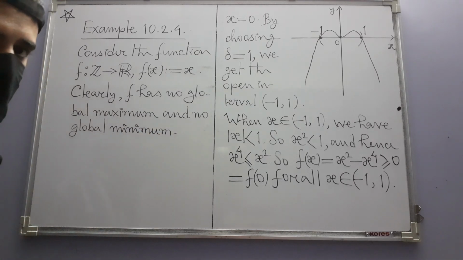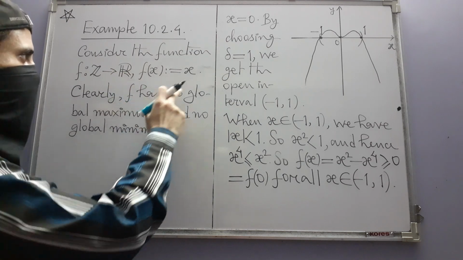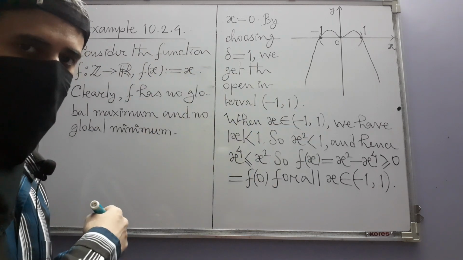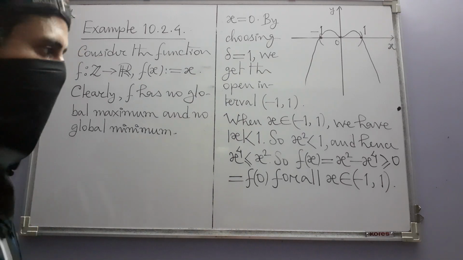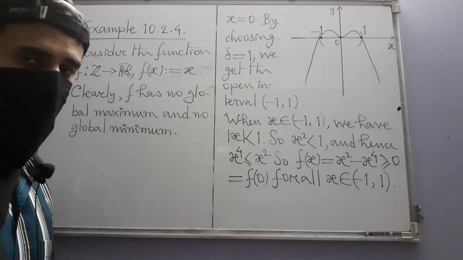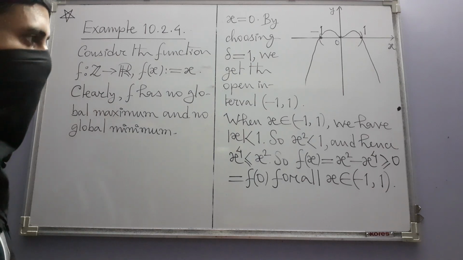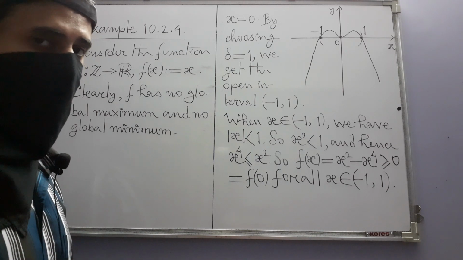Why? That's because the values of f are all the integers, and there is no smallest integer, there is no largest integer. So no global minimum, no global maximum. But local minimum and maxima exist.